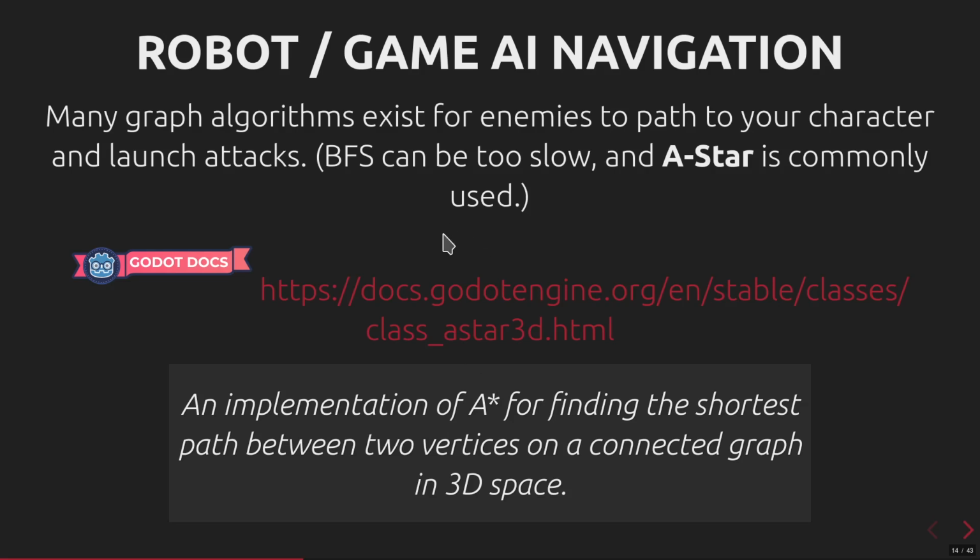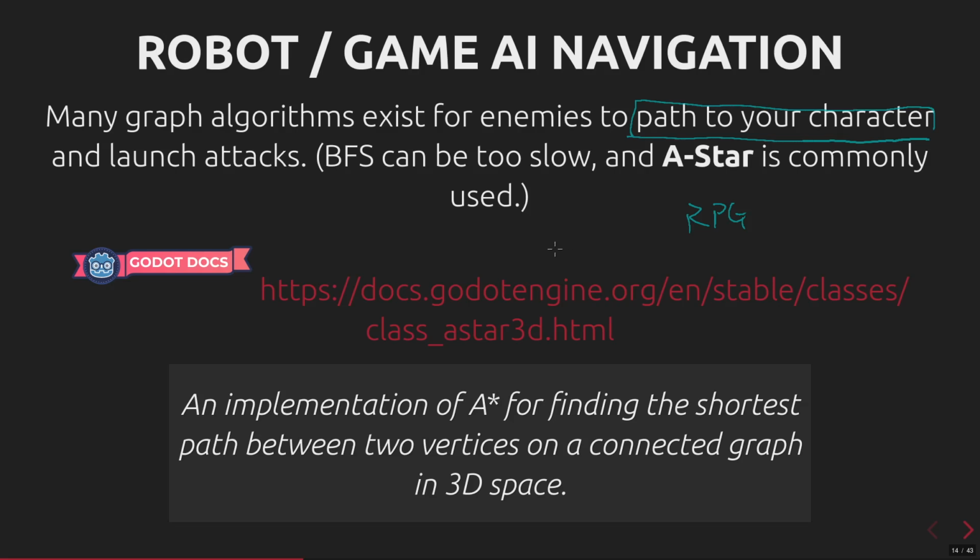Why would you need to do this in game engines? Well, it's because in a lot of games, especially RPG types that are not turn-based, that are real-time, you'll have enemies that need to path to your character, or you'll be controlling something that you need to path from one location to another.